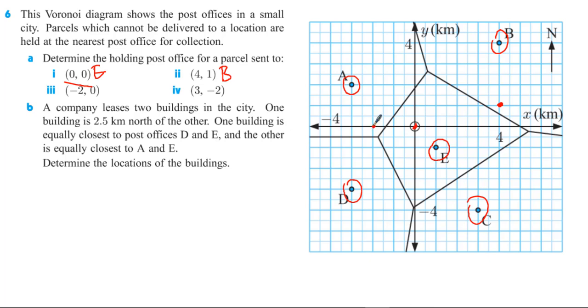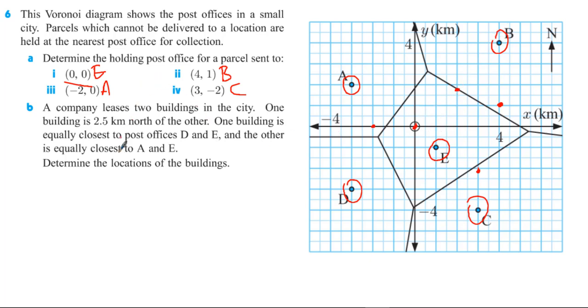So you are in the region of A, so you're close to the post office A. If you're at point (3, -2), where is it? Yeah, here. Again, it's not on the edge. You'll be closest to C. If you are on the edge, at some point here, you're equally close to two post offices, E and B, at the same time.